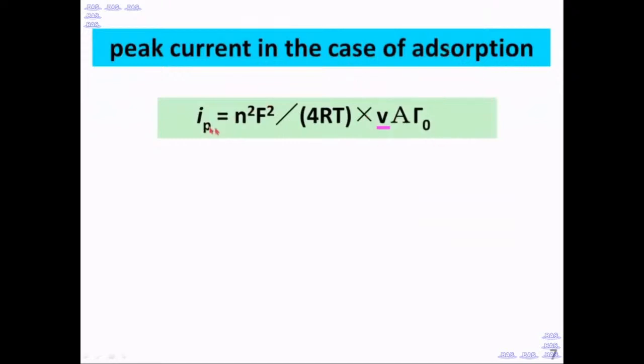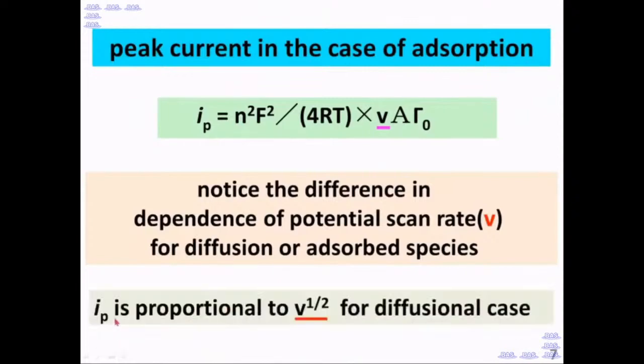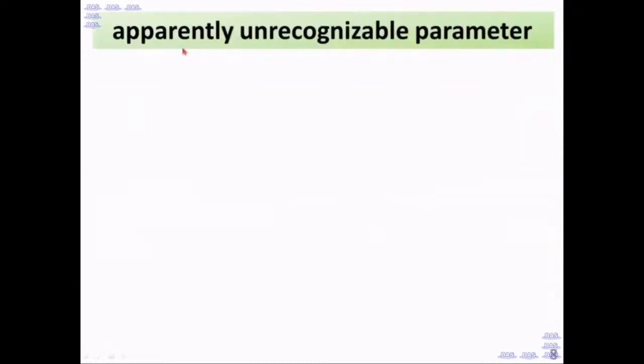For the adsorption case, IP is proportional to V, scan rate, directly, not root V. Notice the difference in dependence on potential scan rate V for diffusing or adsorbed species. This is an important point. It's very useful to understand the CV profile. IP is proportional to root of V for the diffusional case.